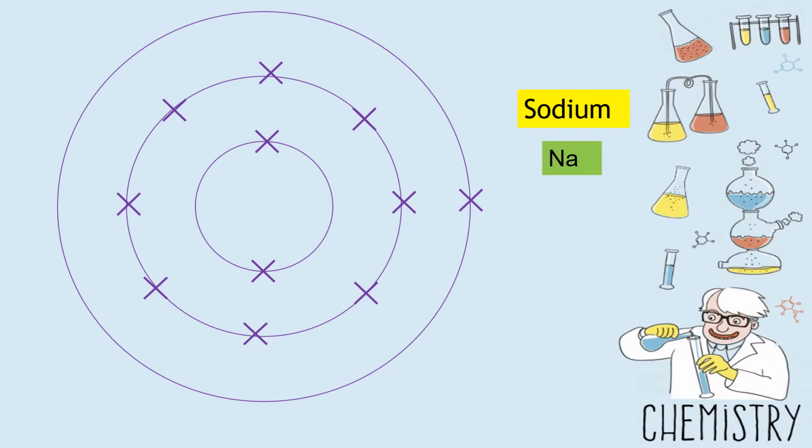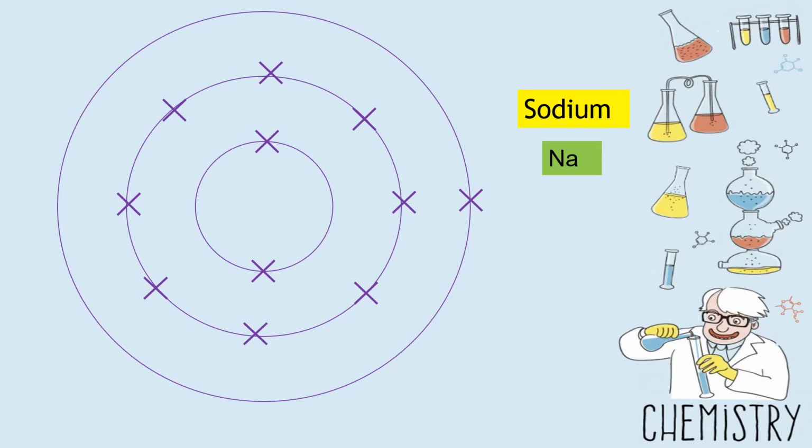So let's have a short review first of valence electrons. Electrons in the outermost energy level of an atom are known as valence electrons. Now if we're going to look at the orbitals of this atom sodium, we're going to look at the electron configuration, 2, 8, 1.